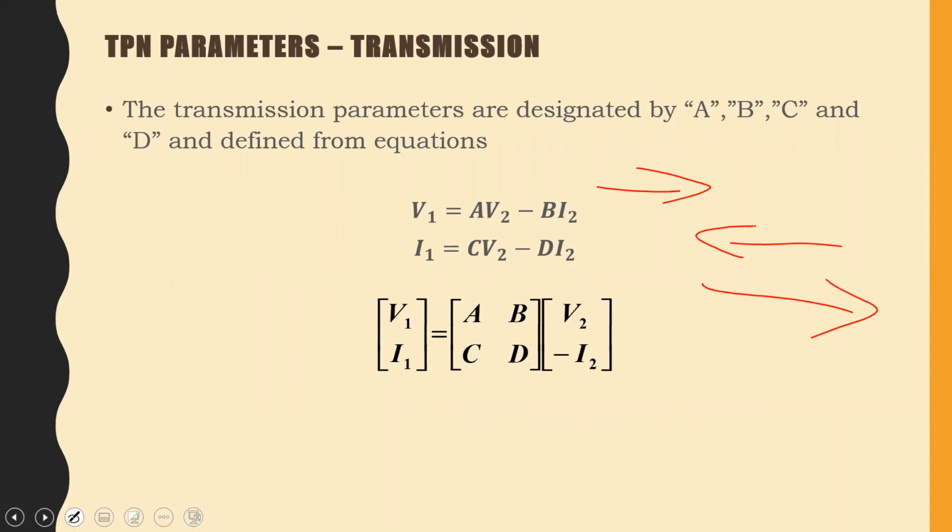So for that reason, you have a minus I2 on the output. That's the only reason why we have the minus I2. But don't be too bothered by it. You will see that it works out quite nicely actually.